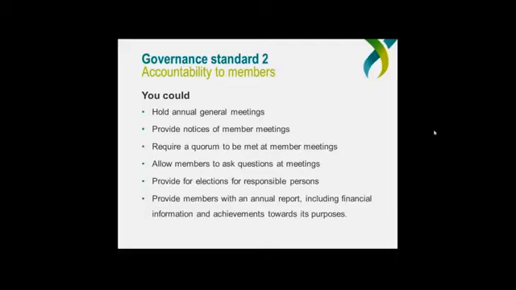You can allow members to ask questions at meetings. You can provide for elections for responsible persons. You can provide members with an annual report, including financial information and achievements towards its purpose. So that's what you could do, but it's up to you to make that decision, and it's not prescribed in our legislation. So that's important to remember. Okay, that's Governance Standard 2.